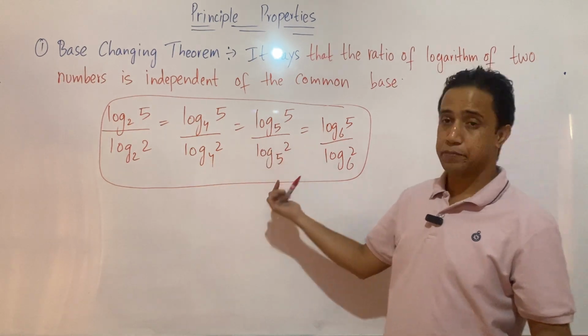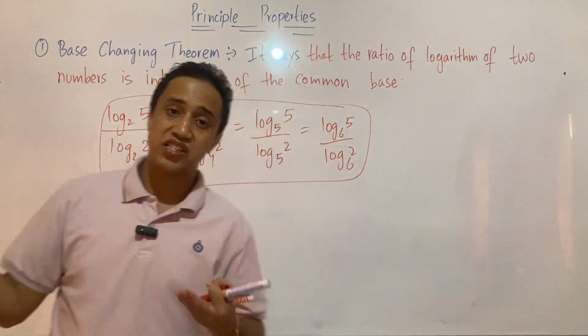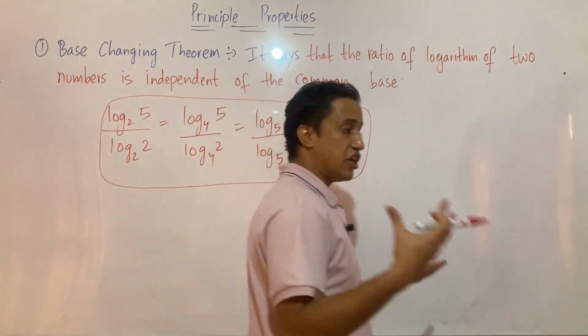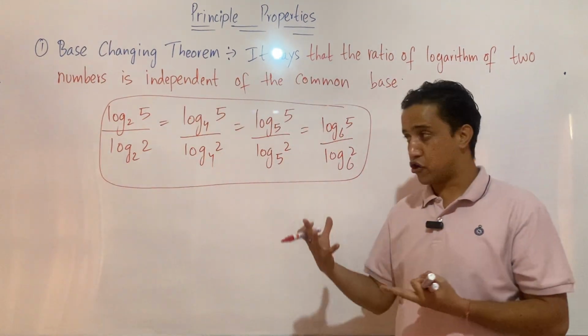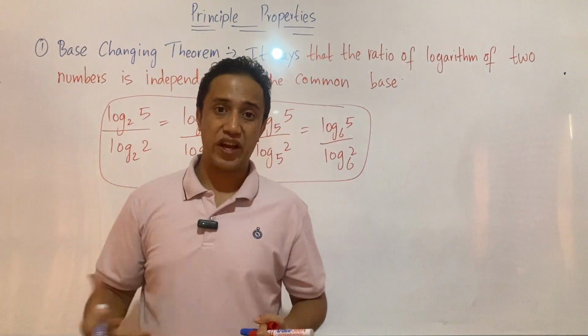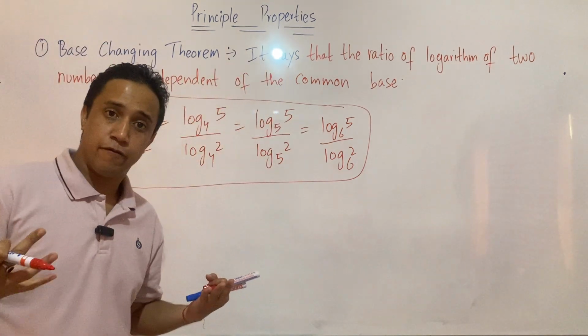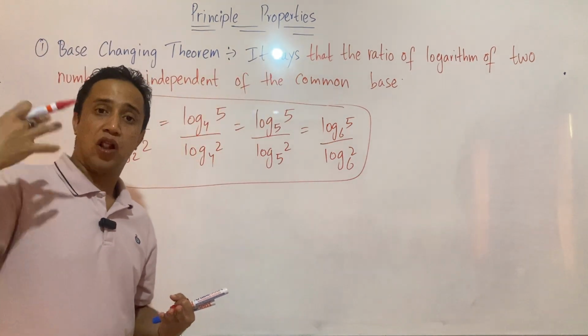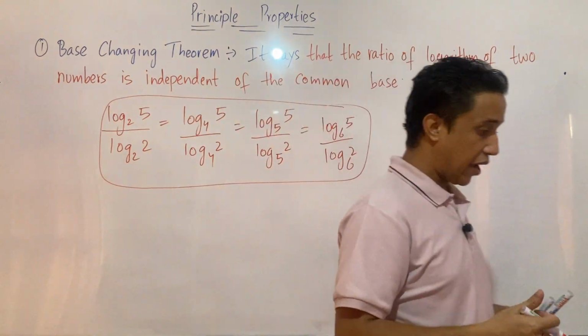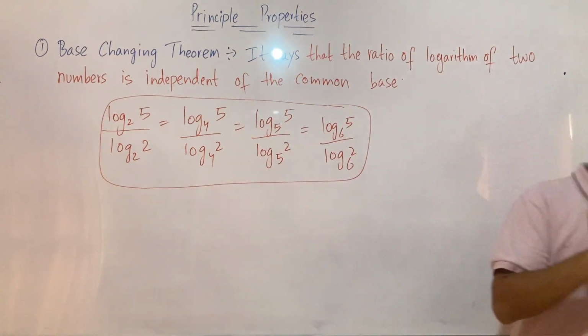So the common base does not play any major role in evaluating the value of the ratio of the logarithm of two numbers. Keep this in your mind.